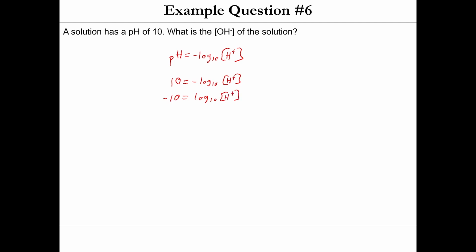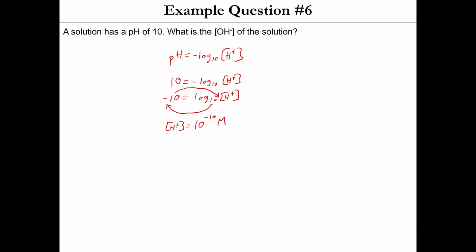the proton concentration. And then we'll do this little trick, bring that in front, that behind, and just go ahead and rewrite it. So the proton concentration equals 10 to the power of negative 10, and of course, that is in molar. Now we can use the ionization of water equation to figure out the hydroxide concentration.